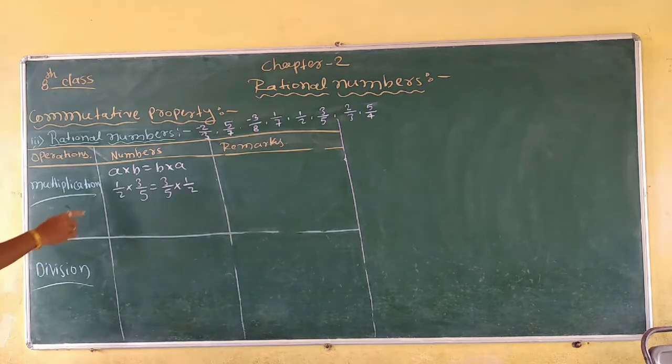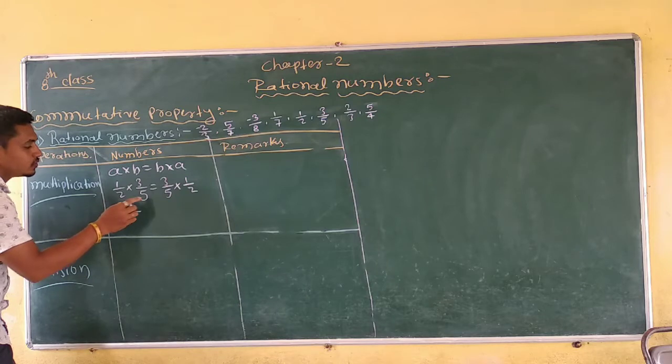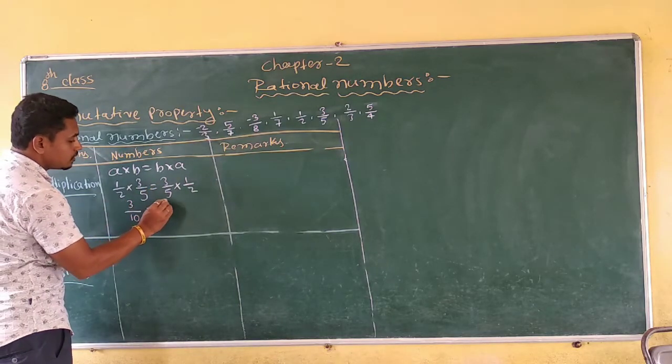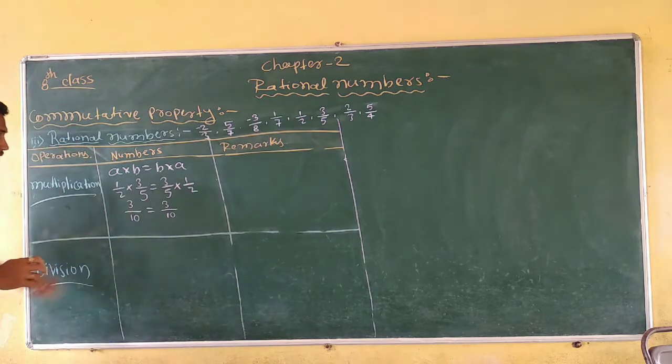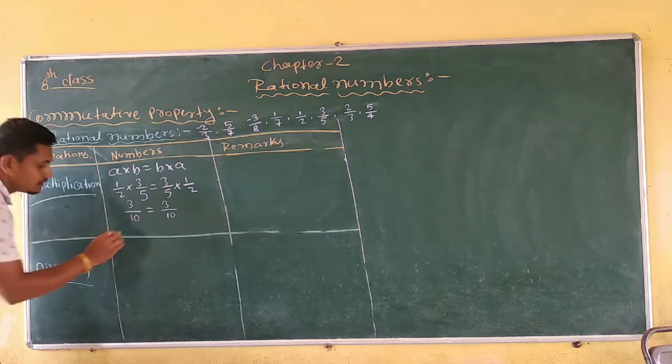So see here, 1 into 3, 3 divided by 2 into 5, 10, is equal to 3 into 1, 3 divided by 5 into 2, 10. So therefore 3 divided by 10 is equal to 3 divided by 10.